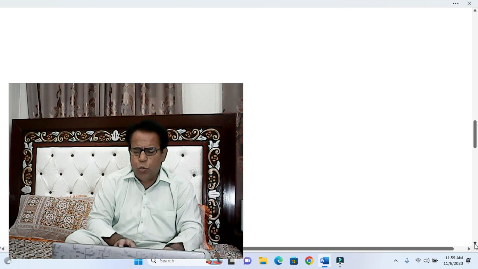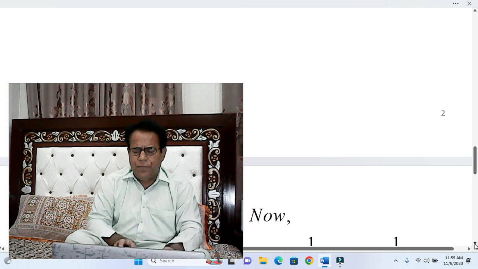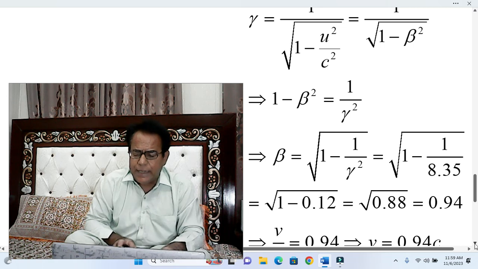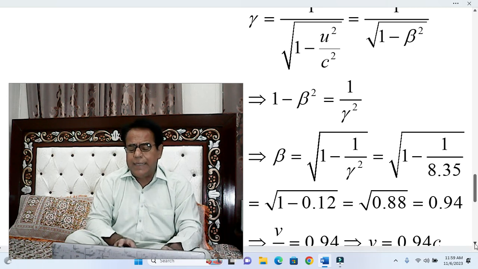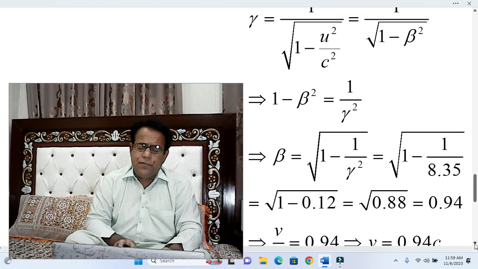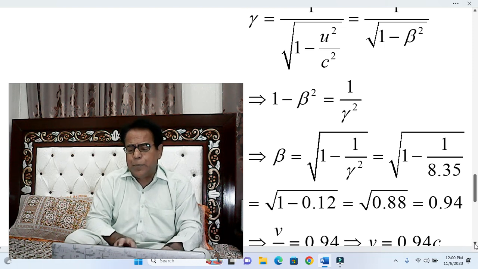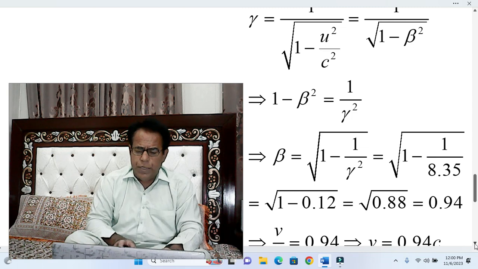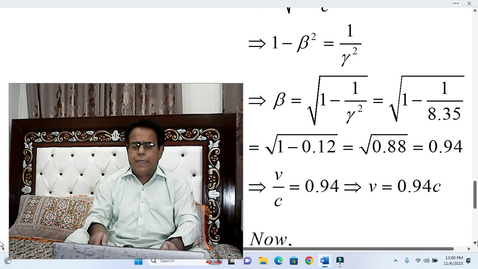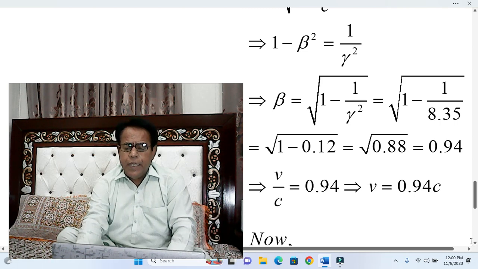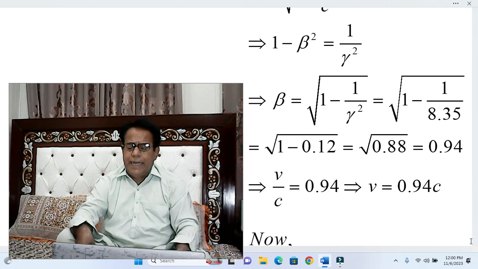So gamma is equal to 2.89 while gamma square becomes equal to 8.35. As I had said that value of gamma is nearly about 3, so its square will be nearly about 9, slightly less than 9, so it is 8.35. So our beta becomes equal to under root 1 minus 0.12.